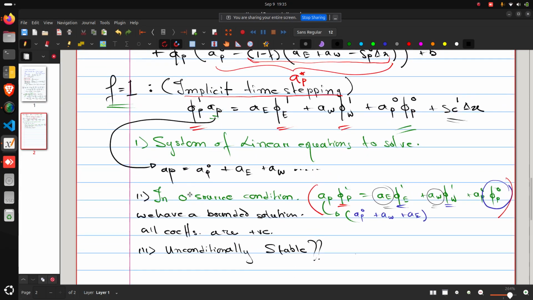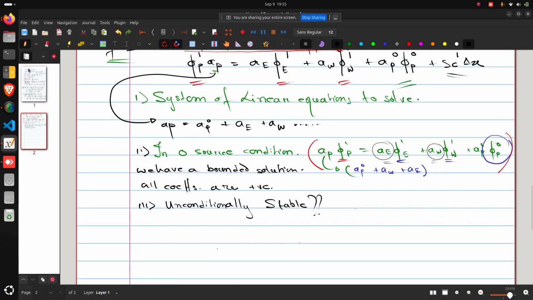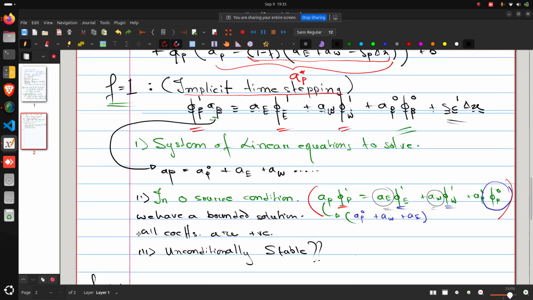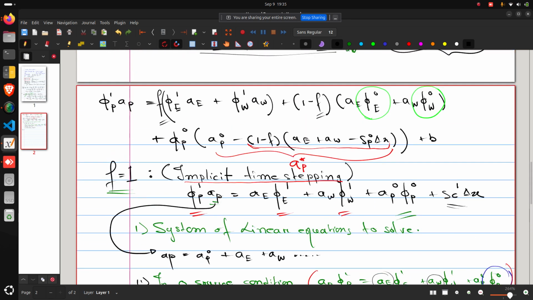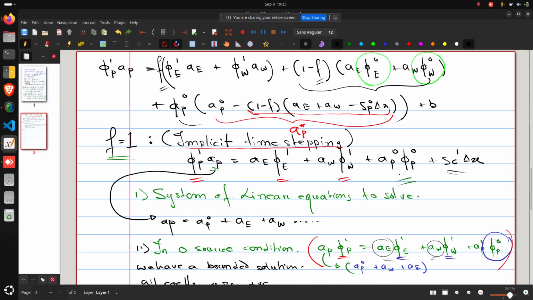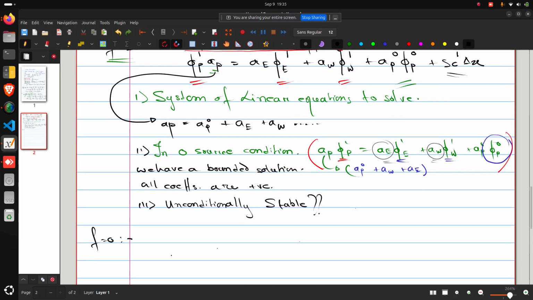Now, if the value of f is 0, we are only left with these parts, right? So we will have AP1, AP, AE.